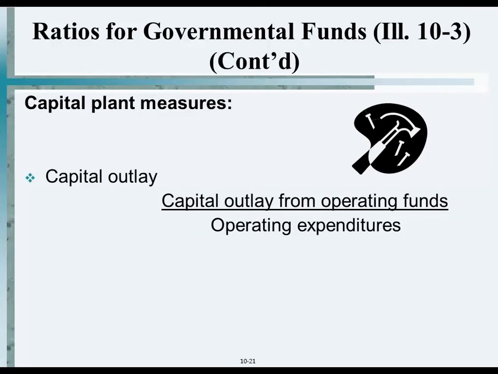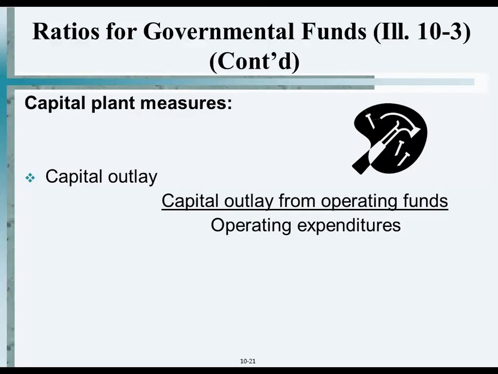Capital outlays from operating funds divided by operating expenditures. So the question here is, do you want more, less, or some other measure? This is a question you can only really answer by looking at a trend over a period of time.